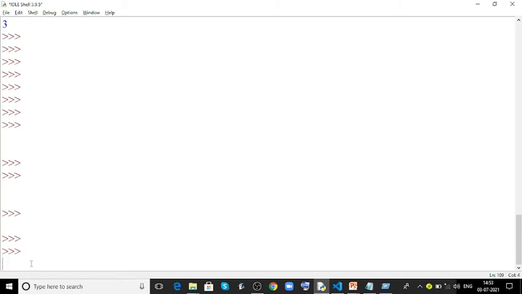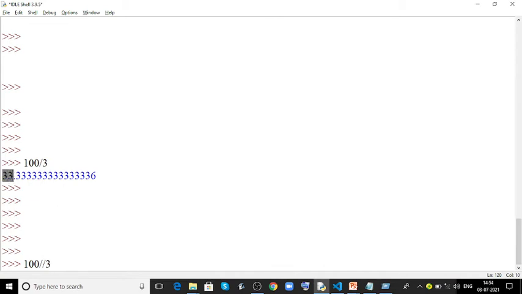I am going to take one more example so that you can understand. Suppose 100 divided by 3. What is the answer? 33.3. This is normal division. If I use the whole division operator, divide by 3, the answer I will get, can you guess?